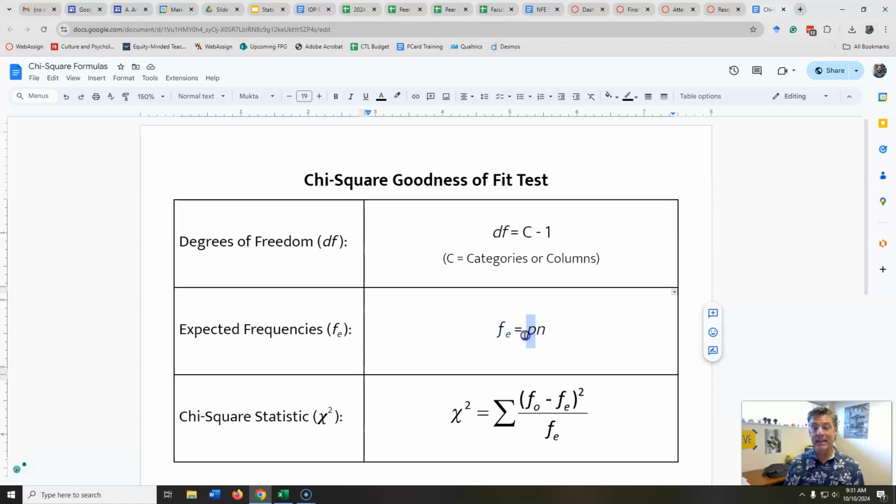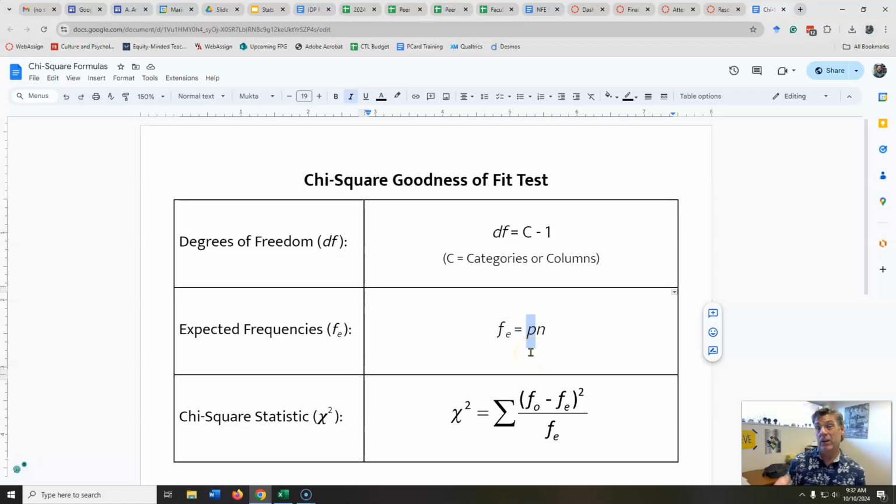So that again is our P, our proportion, and so we'd expect 1/4 times 20, or 0.25 times 20, and you'll get 5. And so we should expect 5 in group A, 5 in group B, 5 in group C, and 5 in group D. There's our 20 total people. So that's where, again, you have a no difference. You just have to then evenly split the proportions and then multiply that times the N.